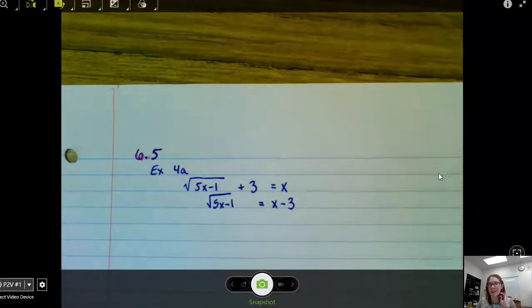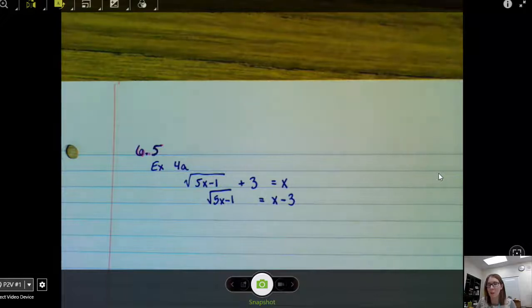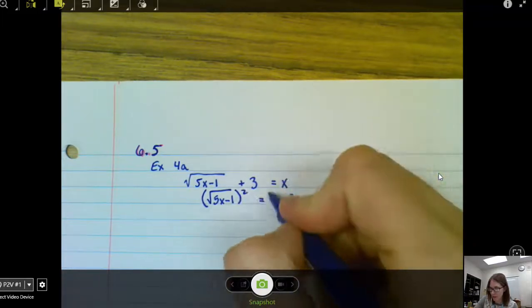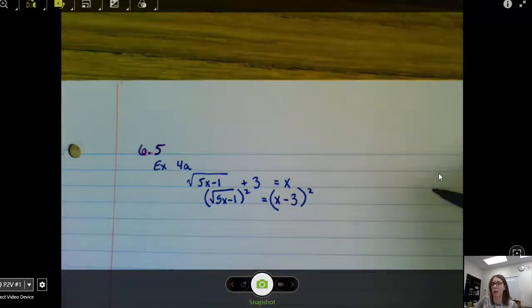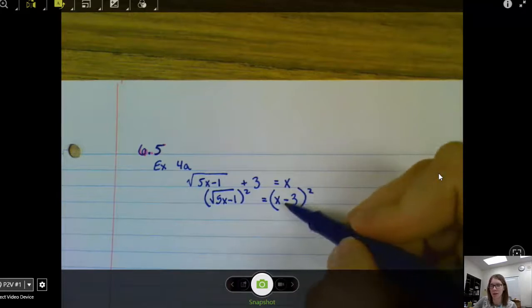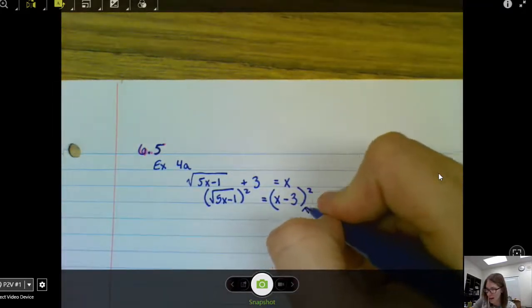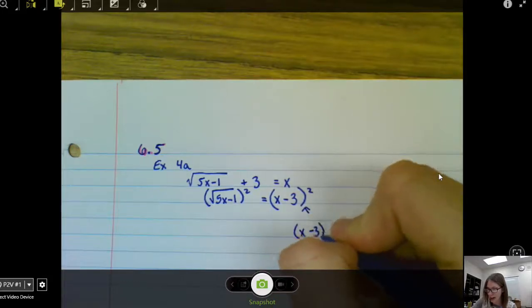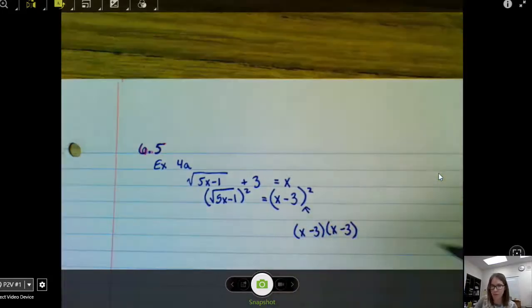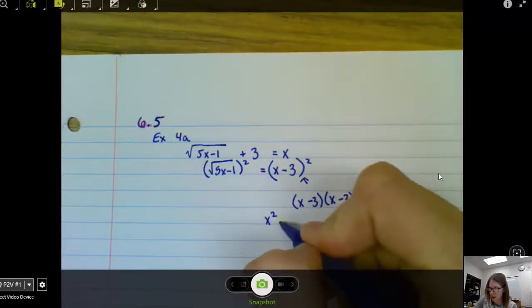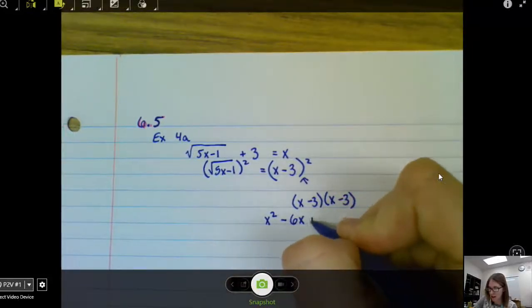Then after that, the thing that is most important to remember and the most common mistake to make is that when I square both sides, we have to square both sides of the equation, not just the individual terms. So x minus 3 squared, remember that means x minus 3 times x minus 3, which is x squared minus 6x plus 9.